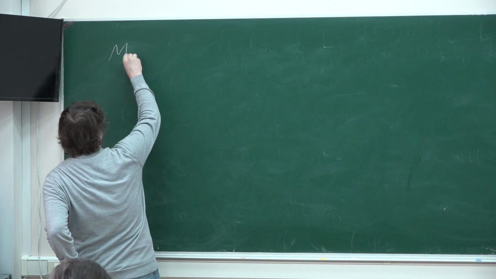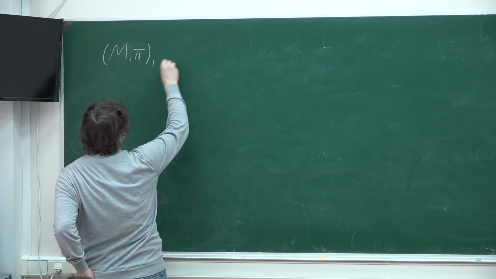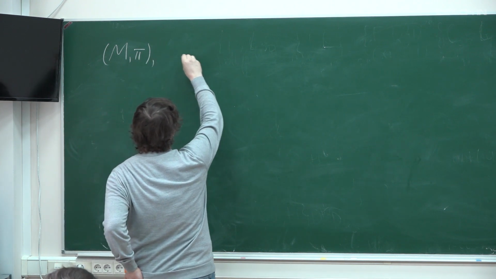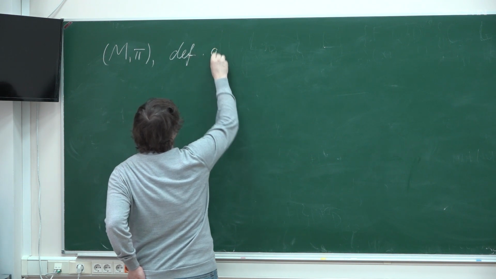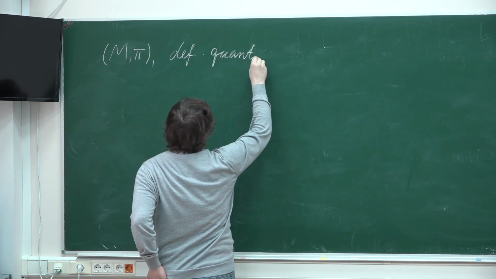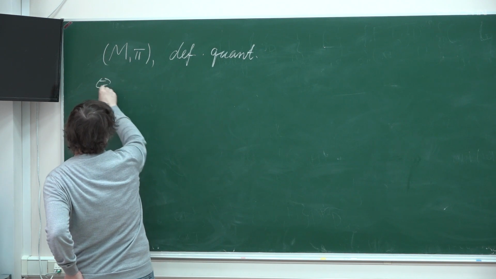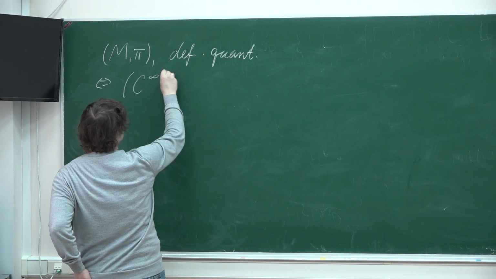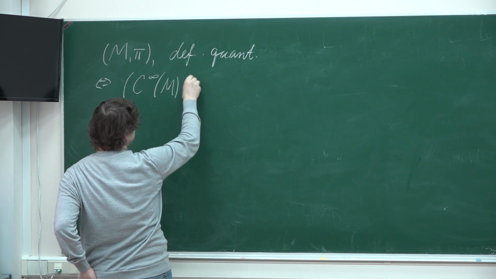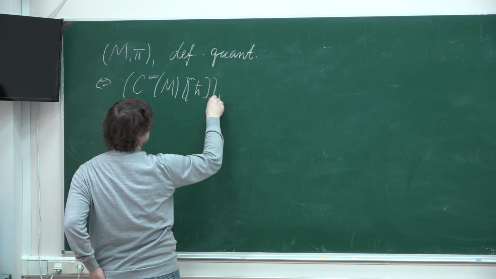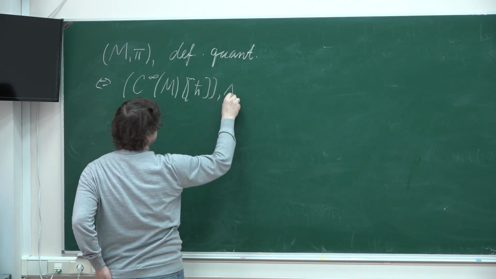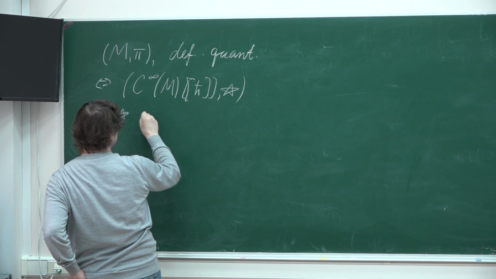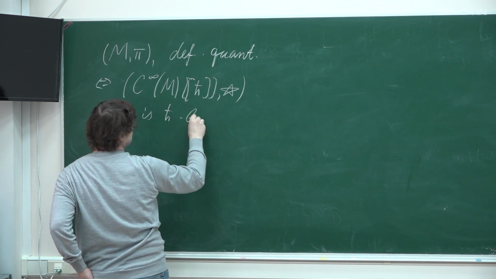If we have a Poisson manifold (M, π), where π is a Poisson bivector, then to construct a deformation quantization of M is to construct an associative star product on the space of all smooth functions on M enhanced by the formal variable h bar, such that, of course, the star product is associative and h bar linear.